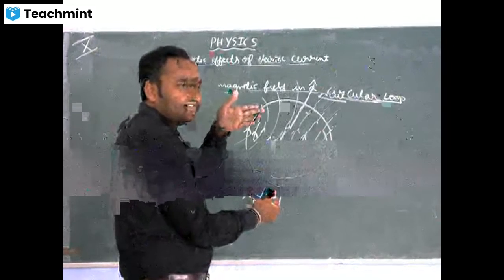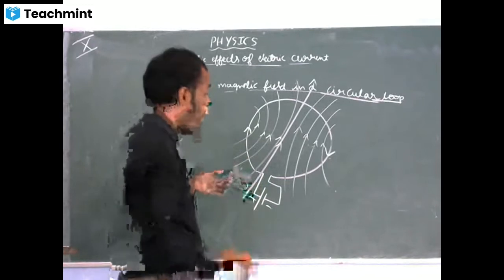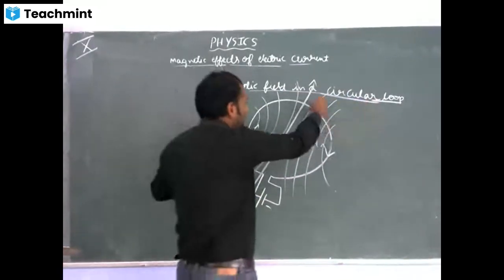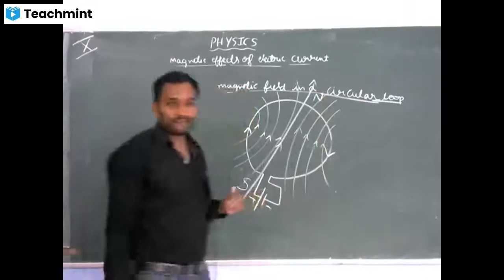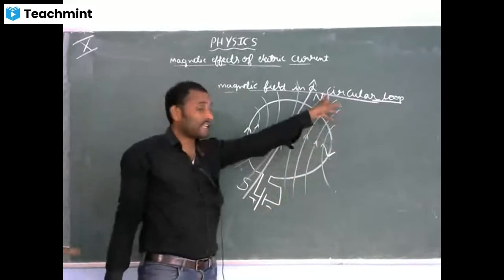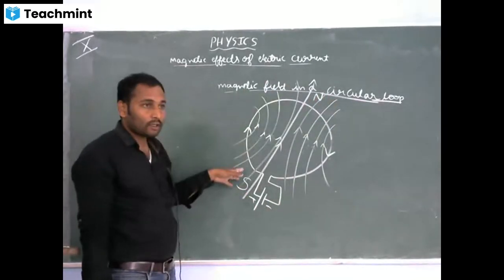South or north? So this side is south. The other side, they are emerging out. That side is north. Clear? See, at the negative terminal, we are getting north. Same, at the positive terminal, we are getting south.